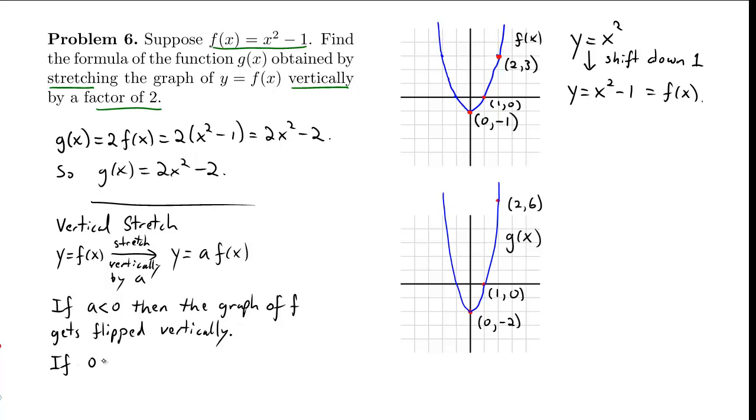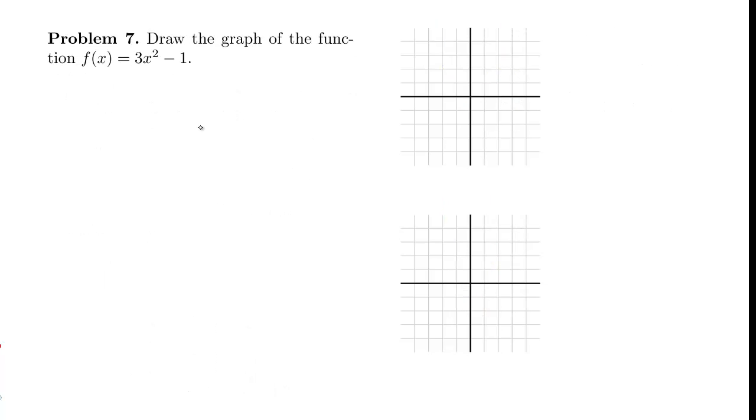If a is a fraction that's less than 1, then the graph will be compressed vertically. Now that we've seen how vertical transformations change the formula of a function, let's look at a formula and see if we can figure out how it was produced.